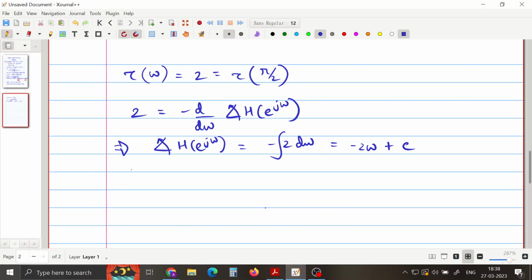We have been given that the phase at omega equals 0 is 0. So if we put omega equals 0 in the above equation, minus 2 omega plus C, what do we get? What do we get, C? Tell me.